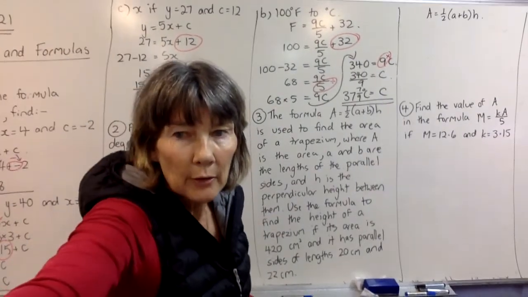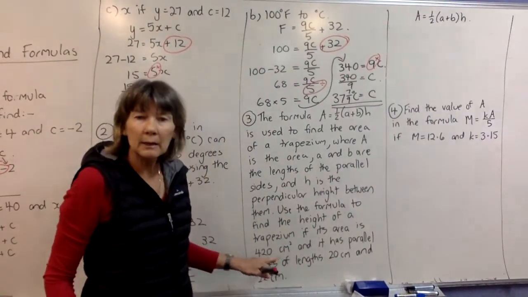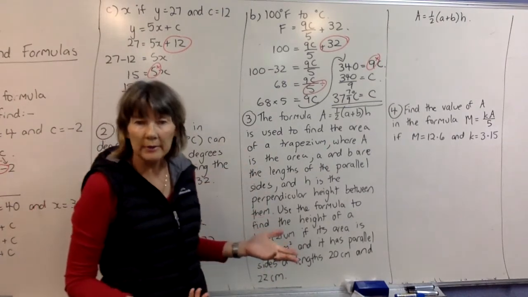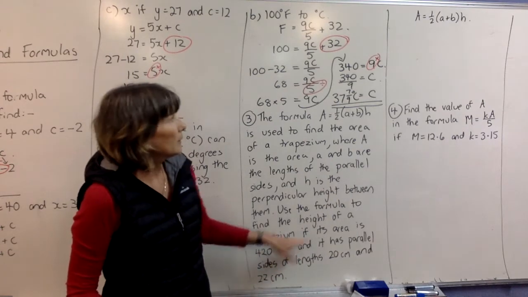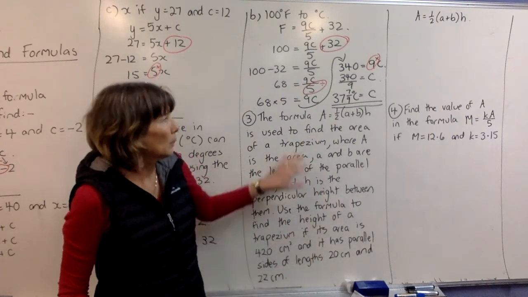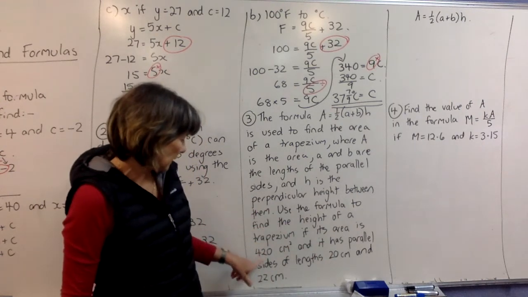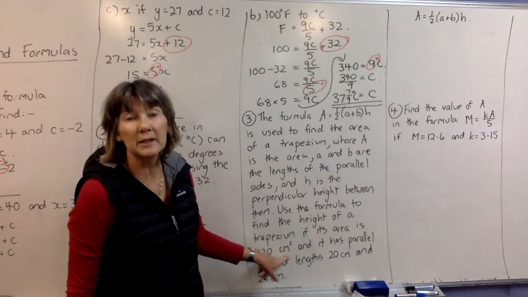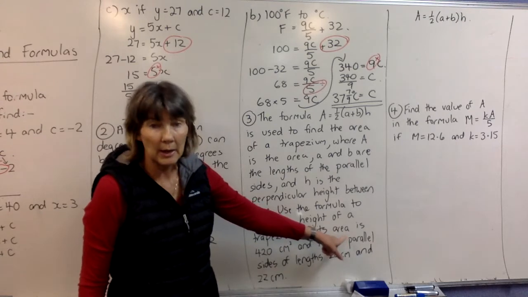All right, so we're going to go from here. Now, down here, we've got to understand what everything is, and I think because we've already done the area of a trapezium, you do know what all these letters are, but they've explained them all to you here. And then down here, we've got our numbers, so let's read what they are. This one's 420. You can see with centimetres squared that it must be the area, but they've told you it is anyway over here.